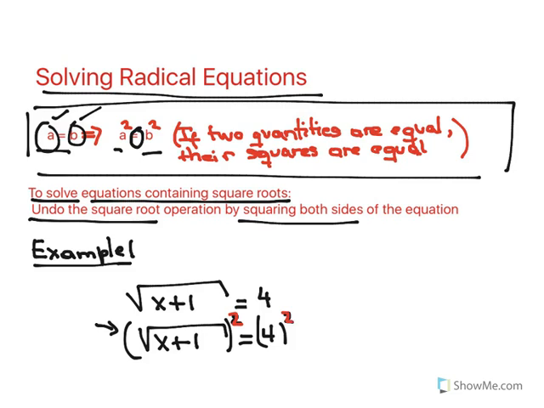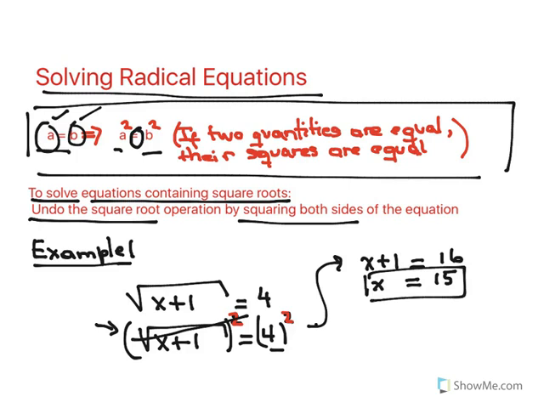I'm going to square. So because I'm squaring on both sides and the square root cancels the radical, I'm going to end up having that x plus 1 is equal to 4 squared, and 4 squared is 16. So if I subtract 1 on both sides, I get that x is equal to 15. So now I need to check my answer, and to check my answer, I need to check it in my original equation.